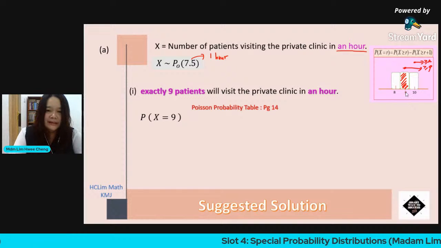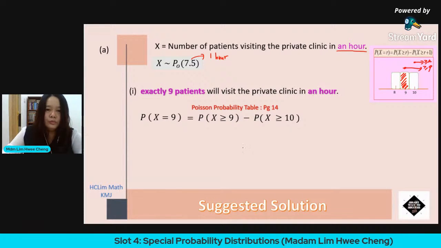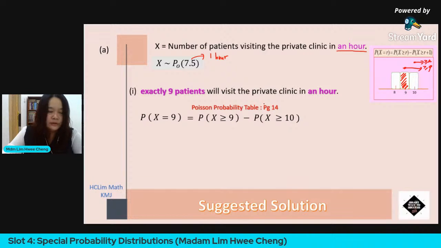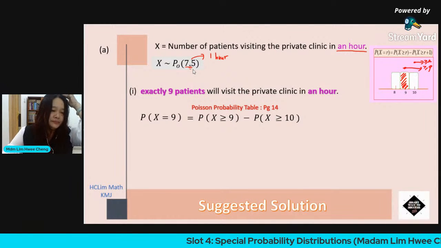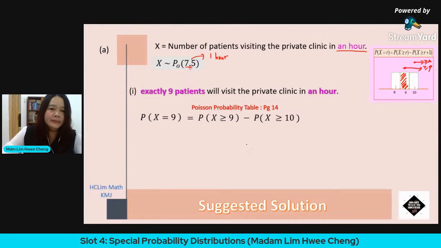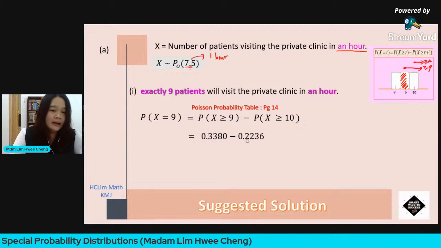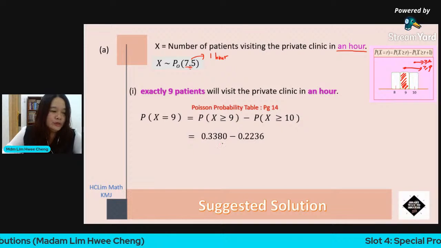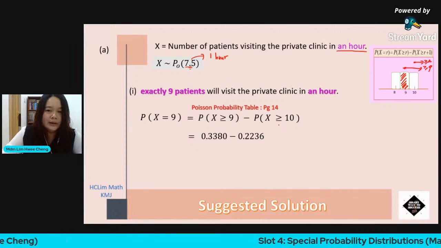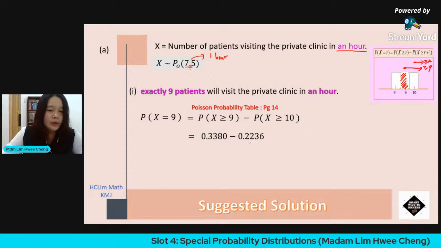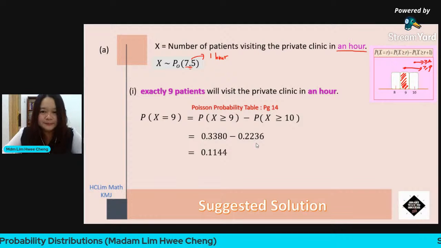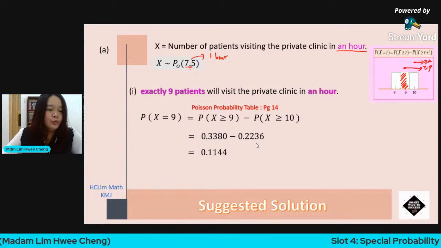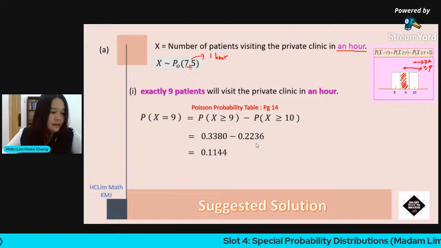Please kindly write correctly what you read. Go to page 14 with the lambda of 7.5. You read from the table: for greater or equal than 9, we have the value of 0.3380, and for greater or equal than 10, you have 0.2263. And you will have the answer of this.